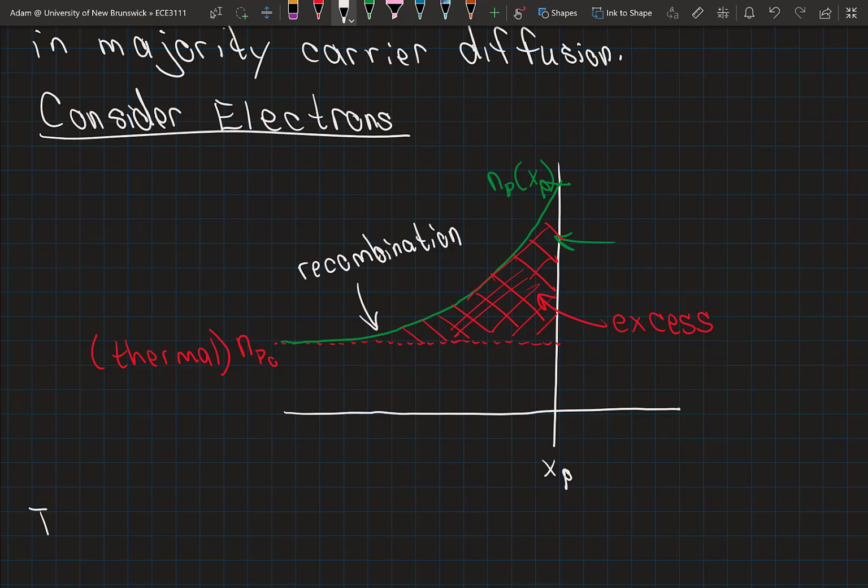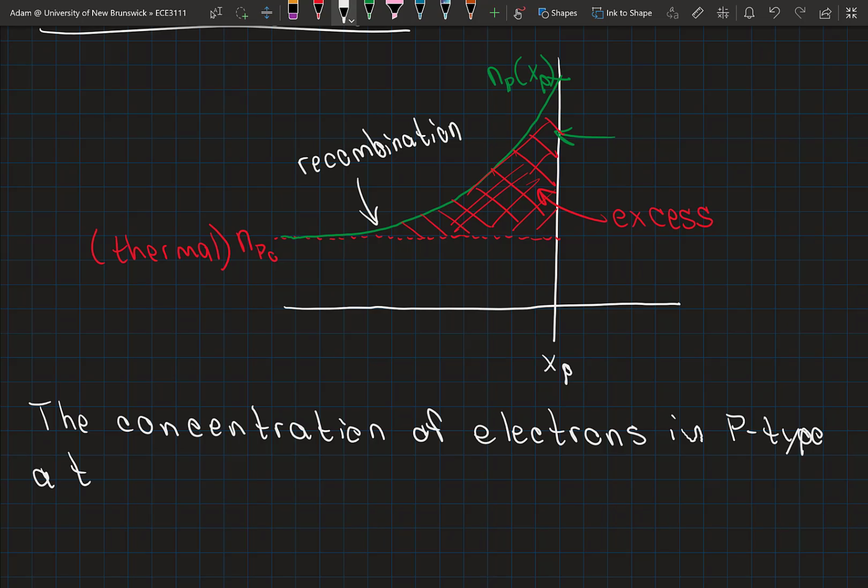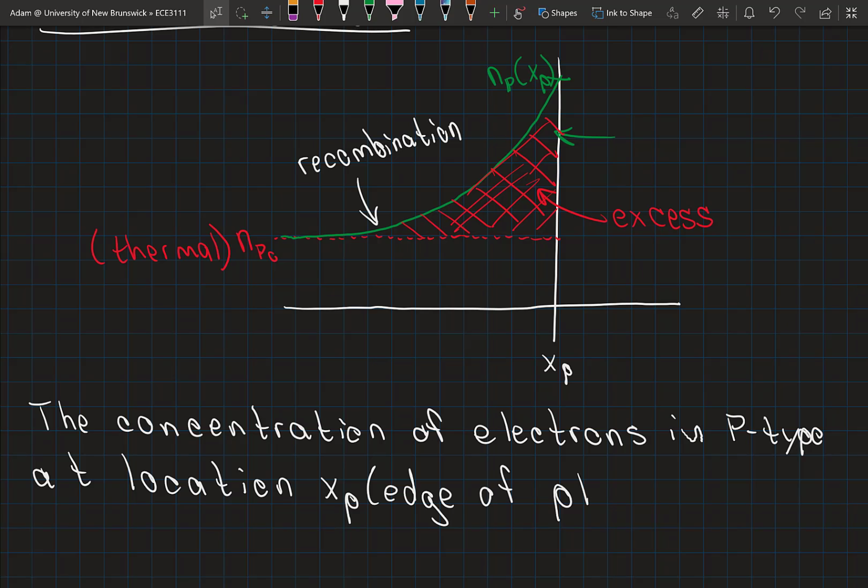Okay, so we looked earlier at the concentration of the electrons in the p-type region at that location XP, which, as shown in the diagram here, is at the edge of the depletion region.